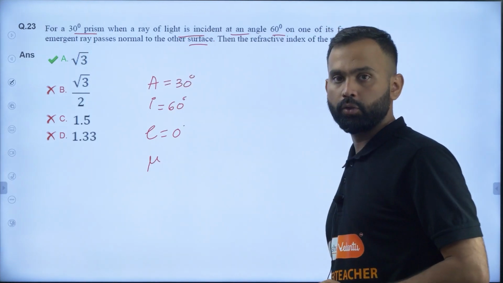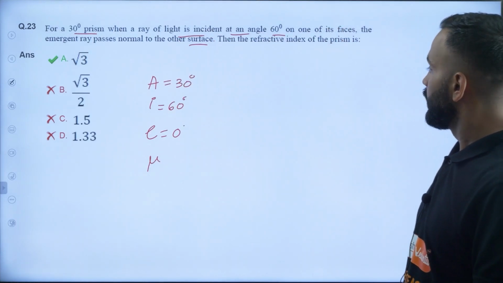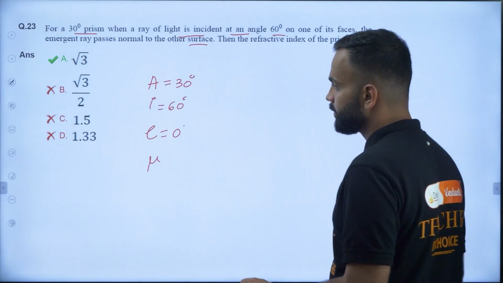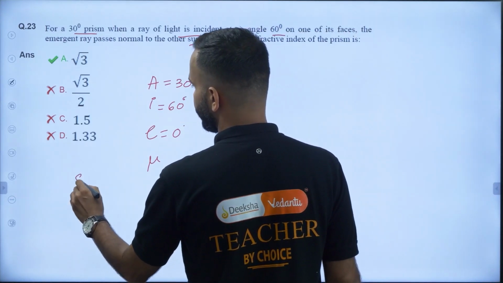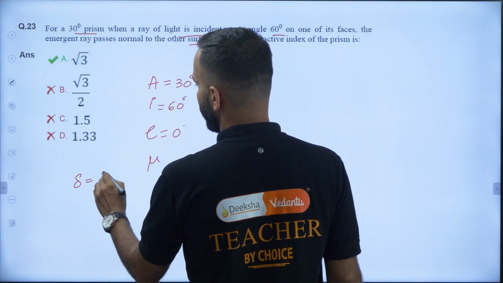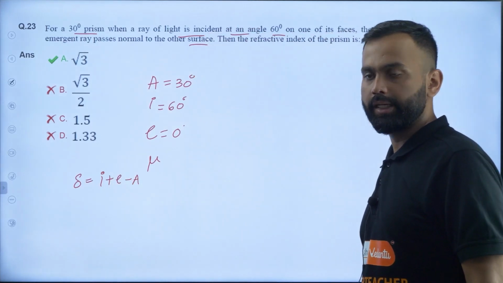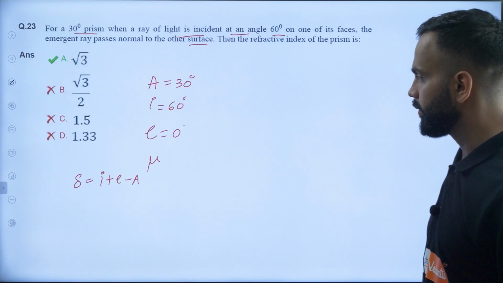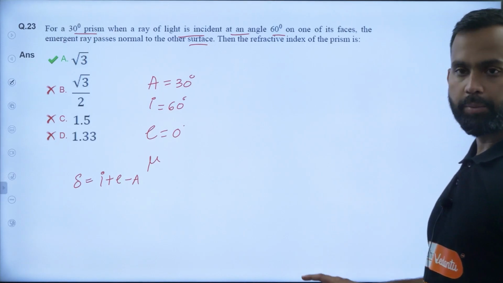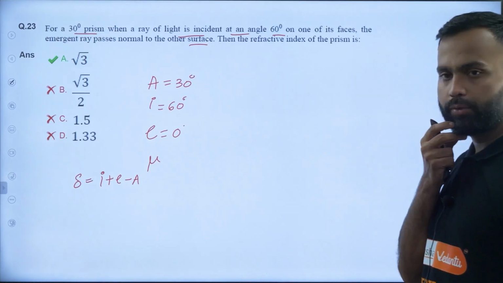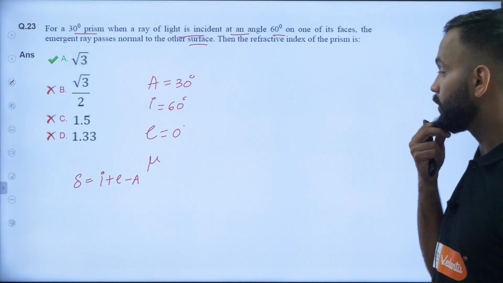Here we know that delta is equal to I plus E minus A. For minimum deviation, what is the condition?